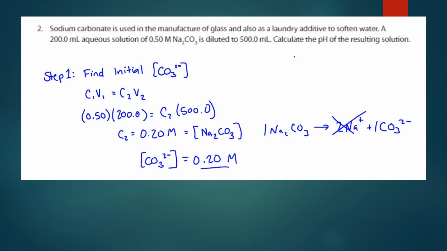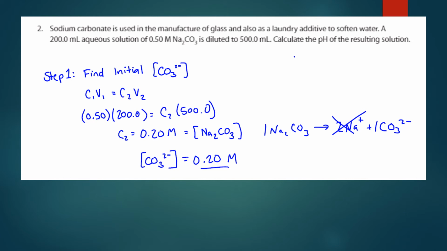So I know that my final volume of the carbonate is 500 milliliters. I know that I'm starting with 200 milliliters, and I'm starting with a 0.5 molar solution. So what I'm going to do is calculate C2 in this particular situation. So I'll divide both sides by 500.